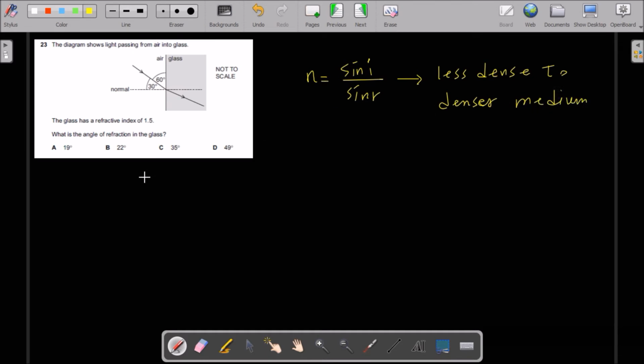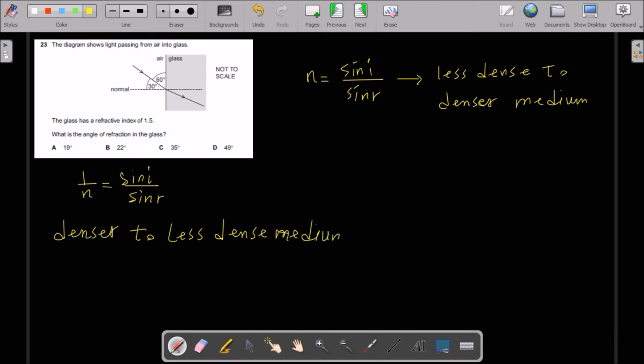If light comes from a denser medium to a less dense medium, the formula will be 1 over n equals sin i over sin r. So this is from denser to less dense medium; you should use this formula.